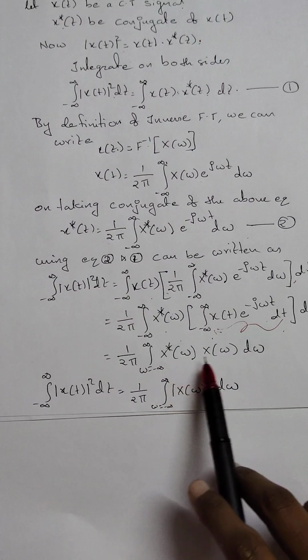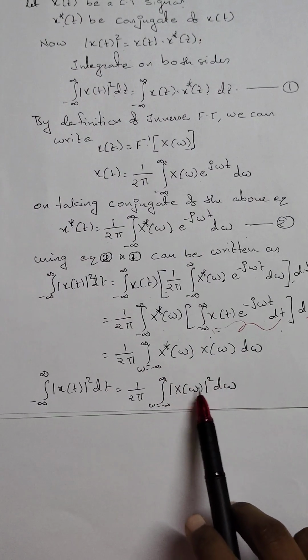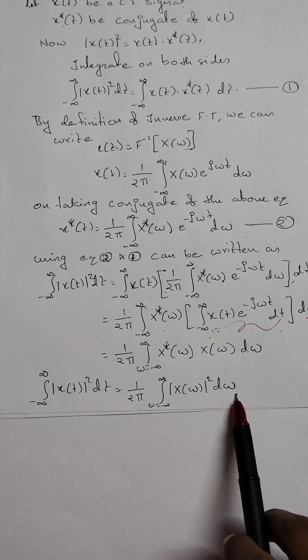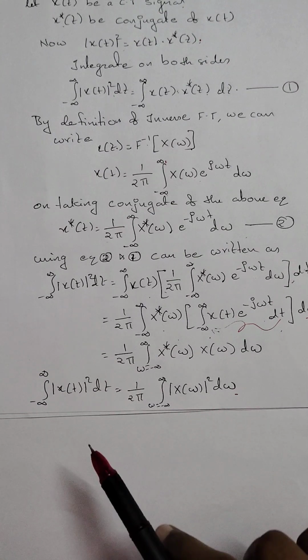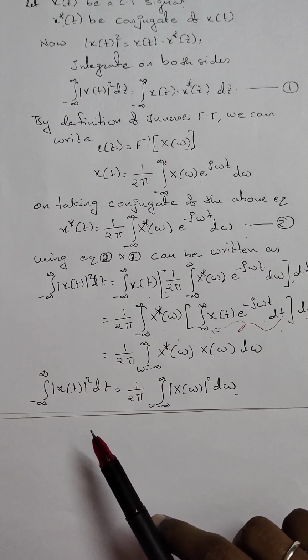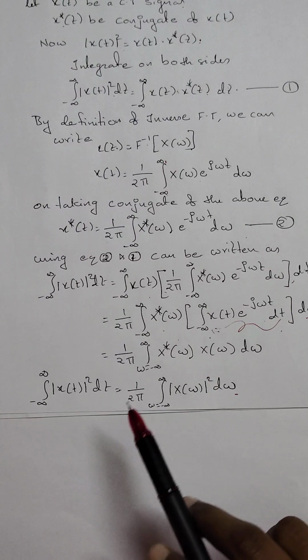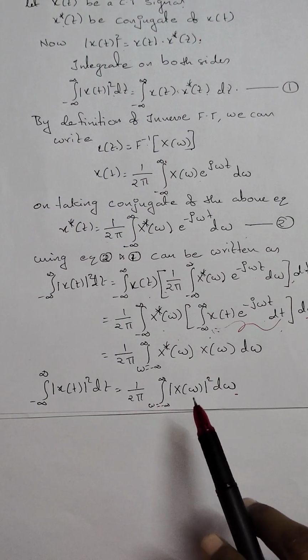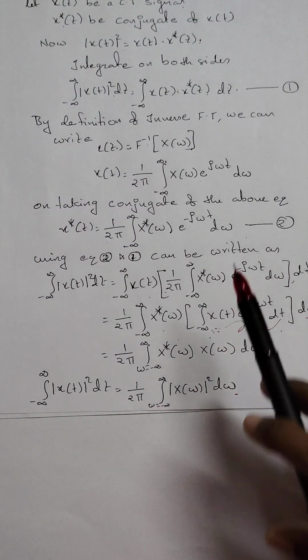If you multiply this, it is |X(ω)|² dω. This is Parseval's theorem. So Parseval's theorem is nothing but the energy of the time domain signal equal to 1/2π of the frequency domain signal. Thank you.